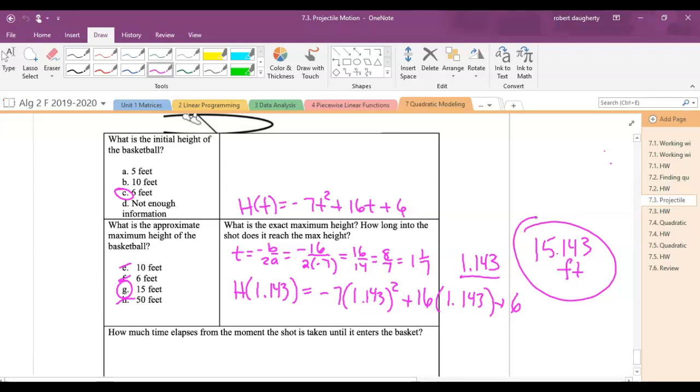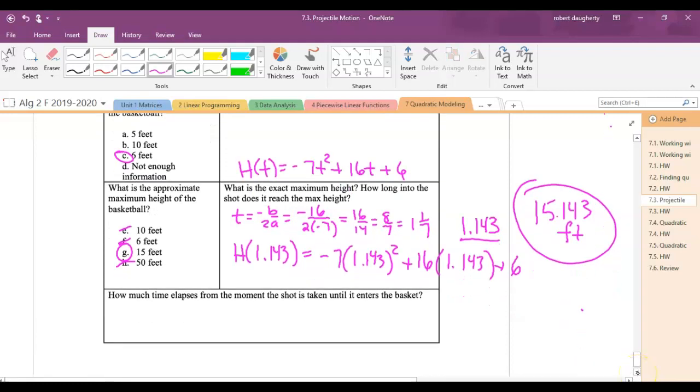But how much time until the ball hits the basket? What do I know about when it hits the basket? What is the ball doing? Well, I know that, but mathematically. Yeah, how high is it? 10. So I set this equation equal to 10, okay? So I'm going to have to figure out that -7 t squared plus 16t plus 6 equals 10, or -7 t squared plus 16t plus 6 minus 10 equals 0.